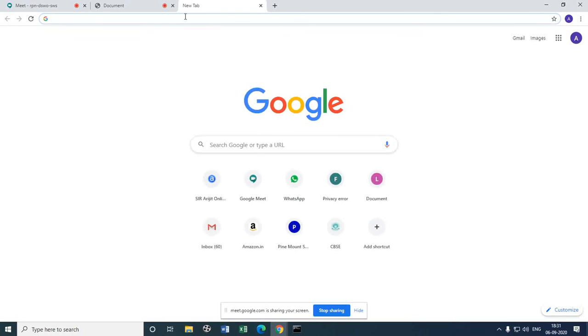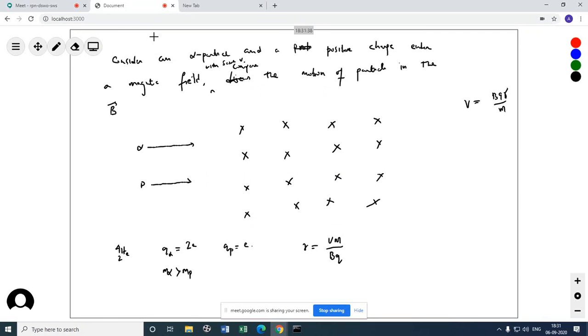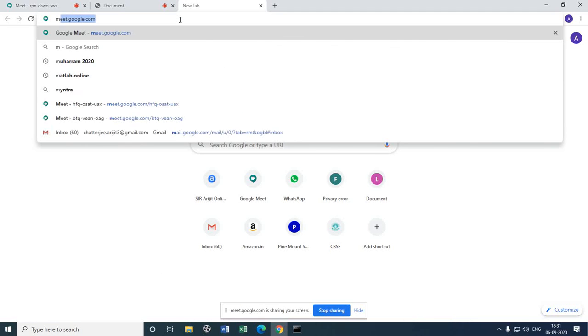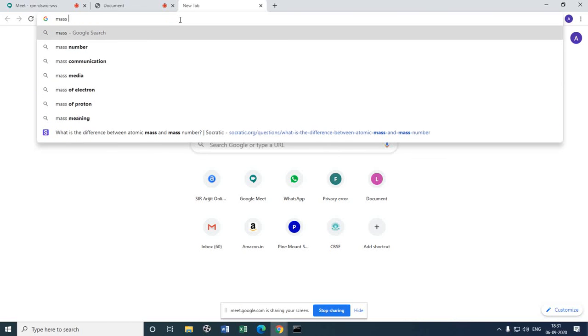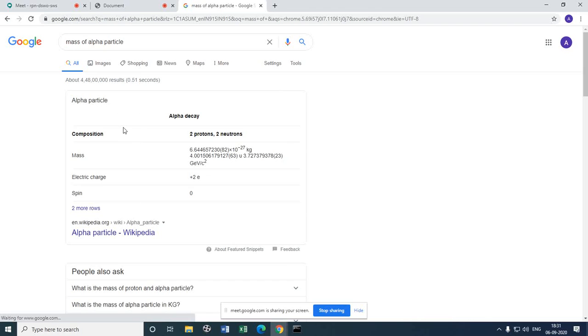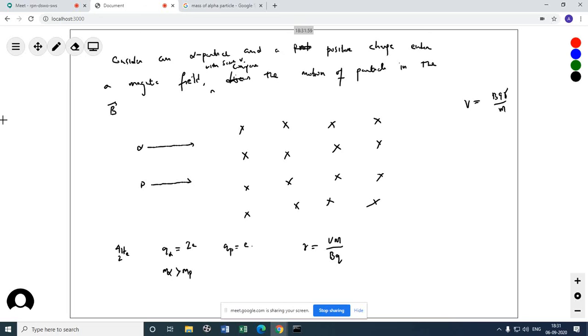So how much greater is the mass of alpha particle? It will generally be provided to you, and we can easily find it also. Mass of alpha is 6.6 into 10 to the power minus 27 kg, and that of proton would be roughly 1.2 into 10 to the power minus 27 kg.